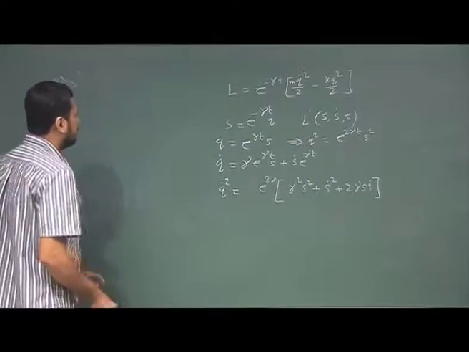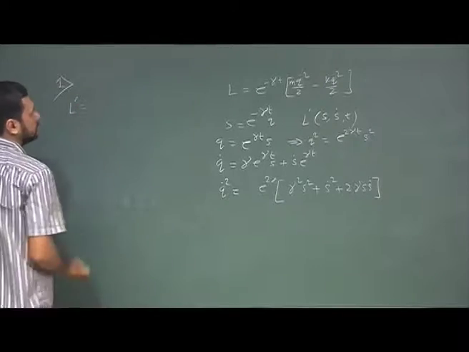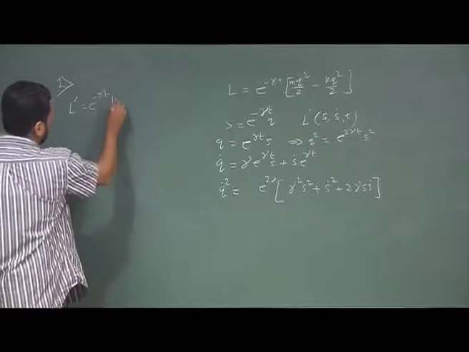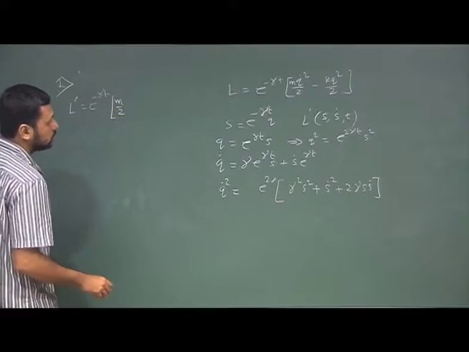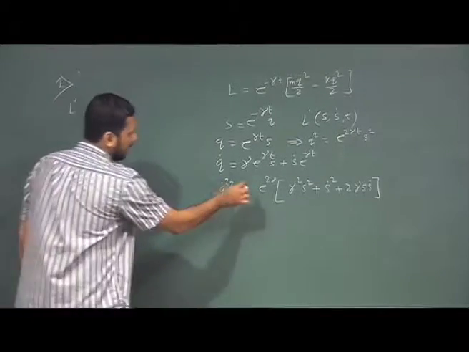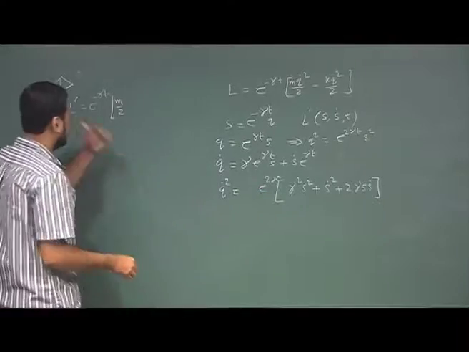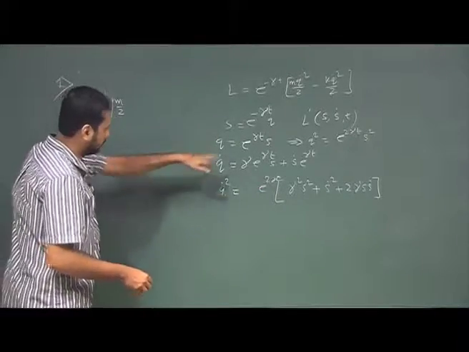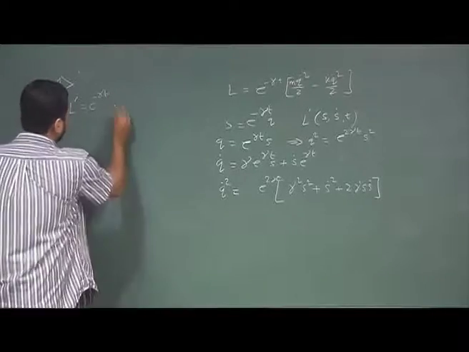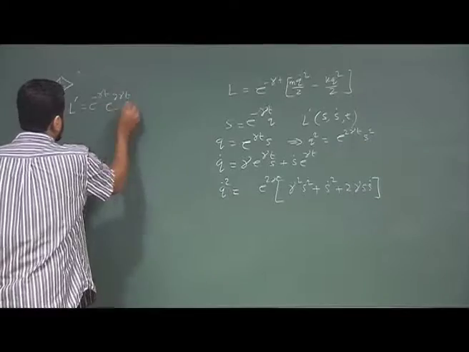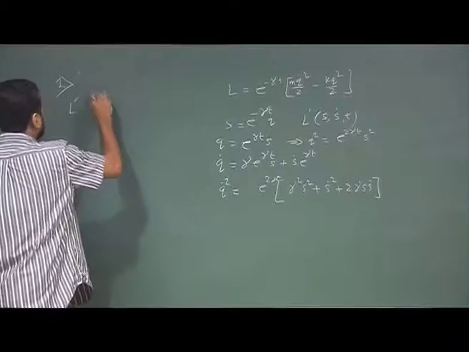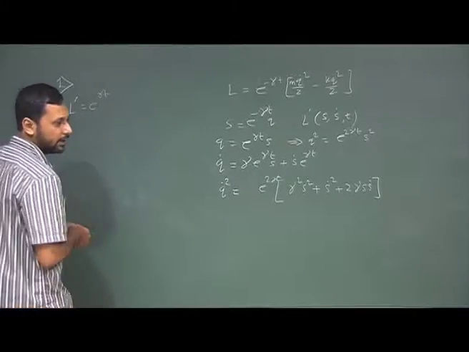Now, we can think of writing L prime, which will be e to the power minus gamma t, m by 2 q dot square, which will be this. You see we have e to the power 2 gamma t in both the square terms. So, we can take out e to the power 2 gamma t, which combined with the damping factor will be simply e to the power gamma t, not minus.